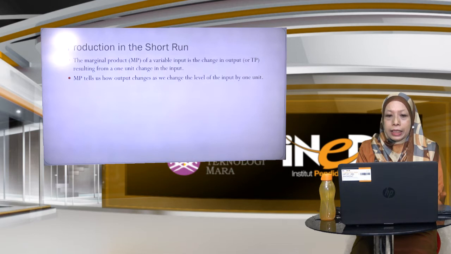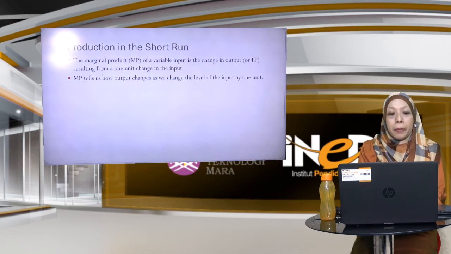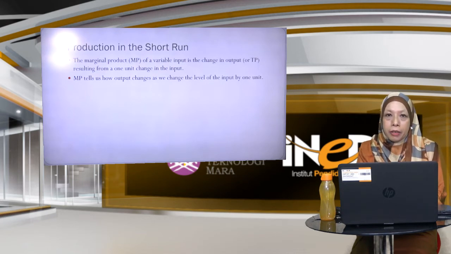Next is the marginal product. The marginal product of a variable input will tell you the change in total product when you change your variable input by 1 unit. So marginal product will tell us how much output will change as we change the level of variable input.